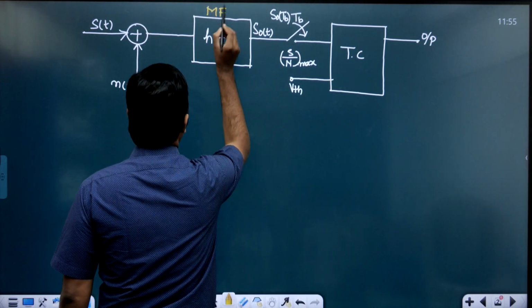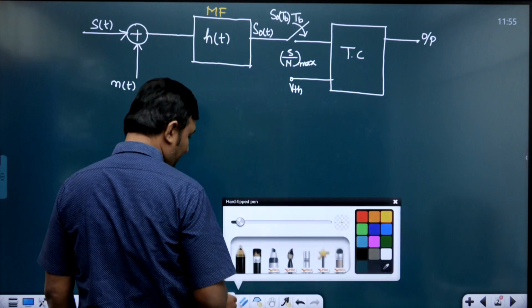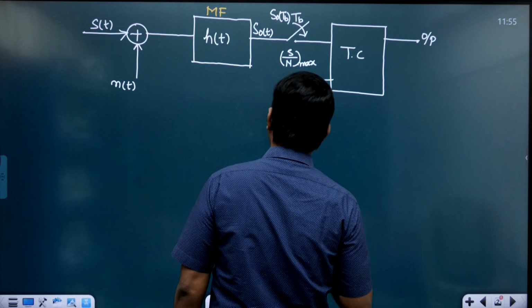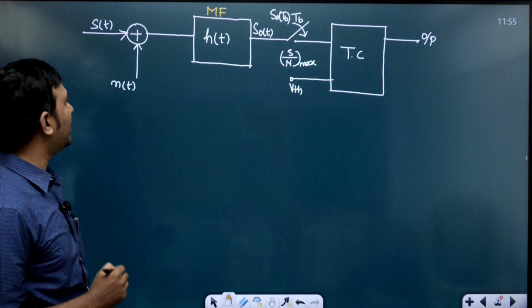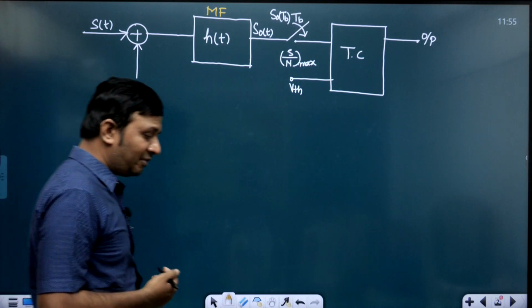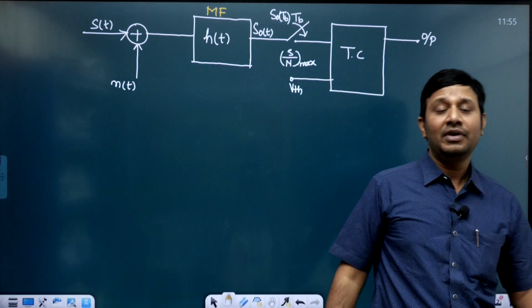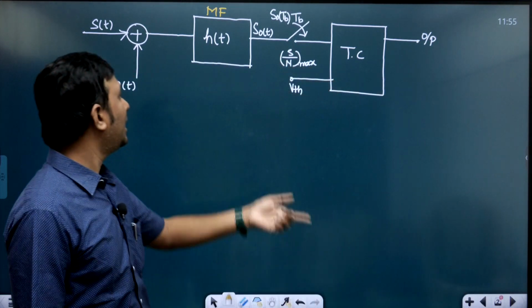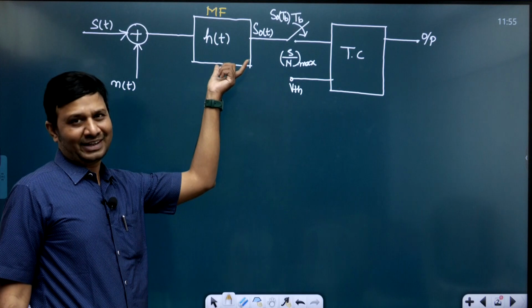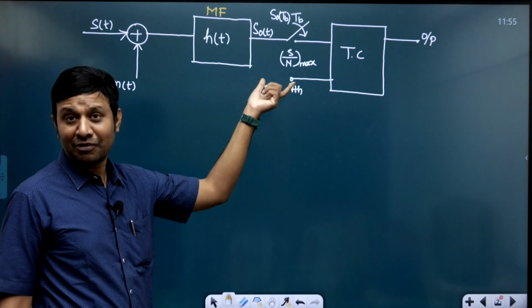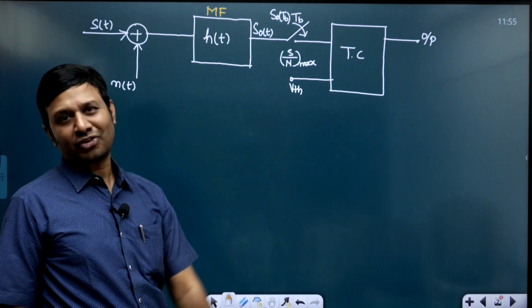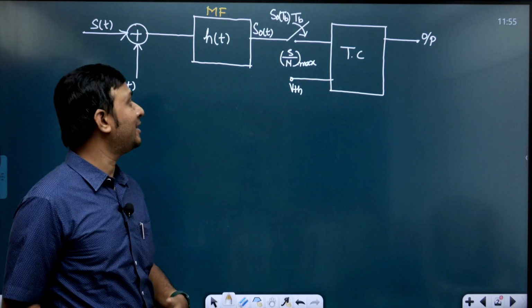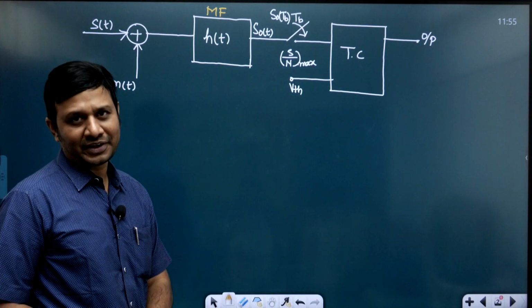Now what is our aim in this matched filter? Remember that the matched filter has to maximize the signal to noise ratio of the received pulse, and in the process of maximizing it, we have to find the impulse response of the matched filter. That is our aim: to find the impulse response of the matched filter which maximizes the signal to noise ratio.